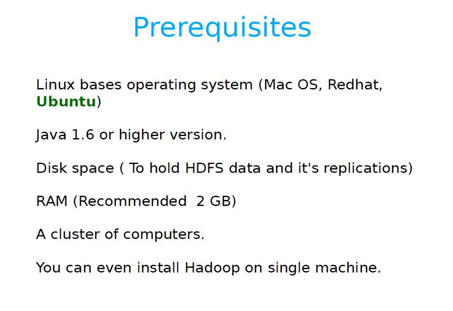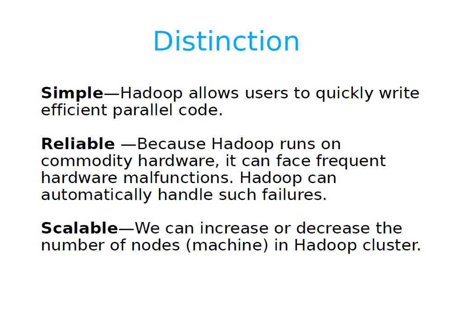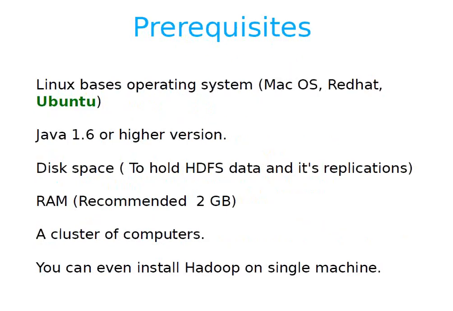In that case, our own machine will be working as a master machine, as well as a slave machine. So you can say that all the master processes, that is NameNode and JobTracker, will be running on our own machine, as well as all the slave processes, that is DataNode and TaskTracker, will be running on our own machine. So this was all about prerequisites, and with this slide I am done from my side.